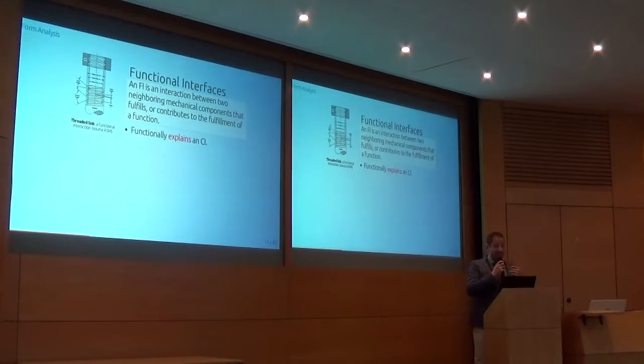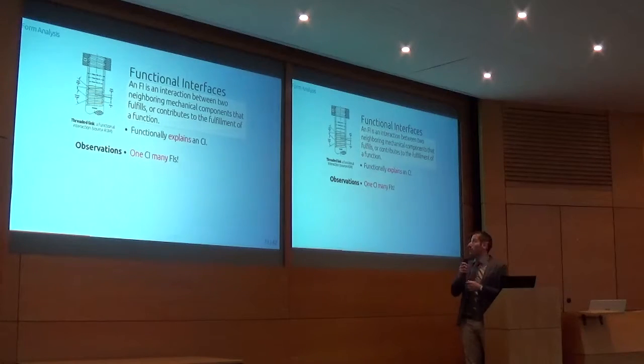So in an attempt to functionally explain conventional interfaces, we define the functional interface that captures intercomponent interactions that fulfill, or participate in the fulfillment of, a set of functions. Now again, we observe that one particular geometric configuration captured by a conventional interface can be interpreted in more than one functional way captured by the functional interface. So one CI can relate to more than one FI.